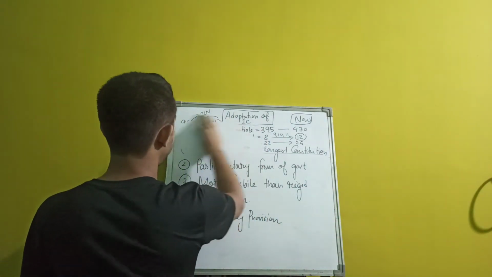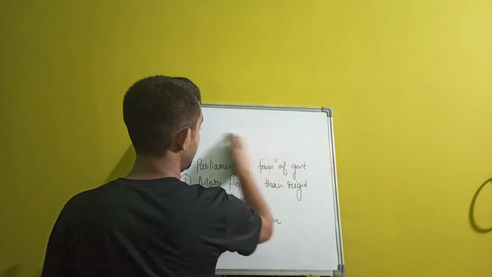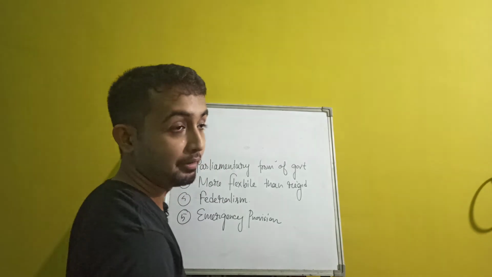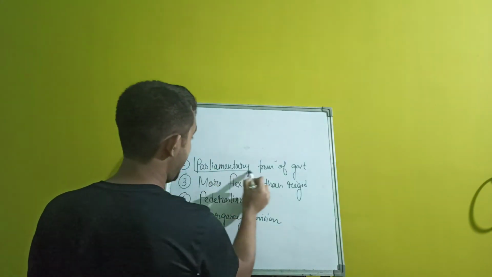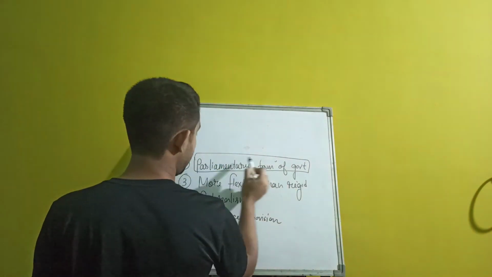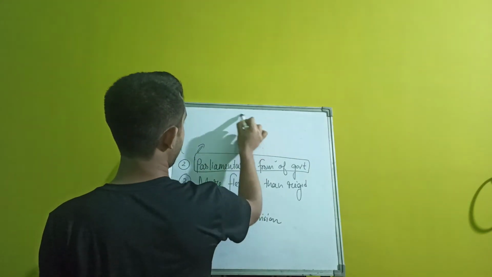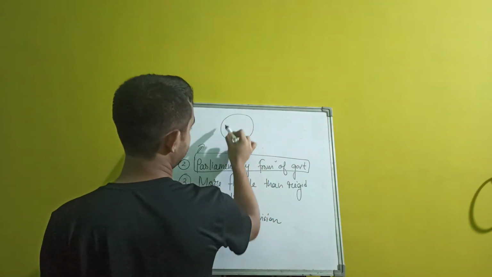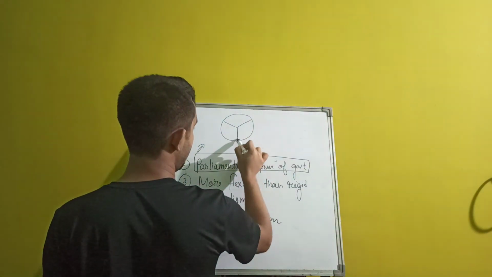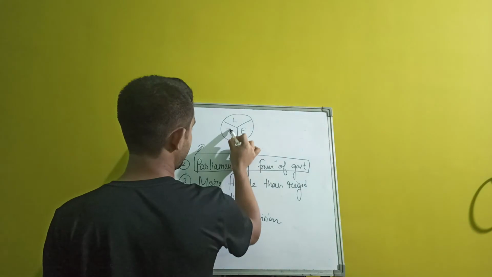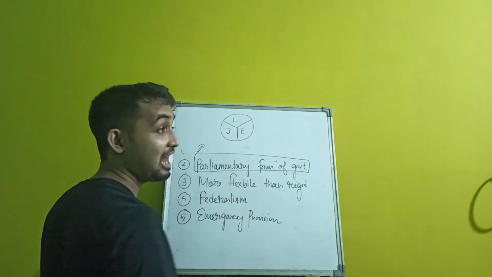Next we will see parliamentary form of government. So why India is a parliamentary form of government? If we see 3 arms there in a government, that is legislature, executive and judiciary. These are the 3 arms of government.